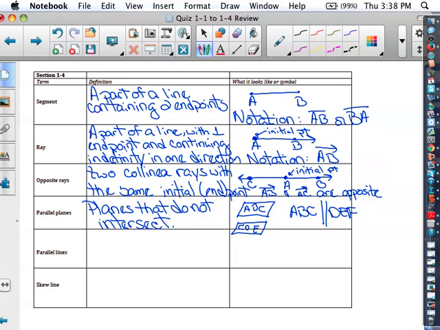Remember the notation for parallel are those two vertical lines. Parallel lines are coplanar lines that do not intersect. So they're in one plane, coplanar lines that do not intersect.